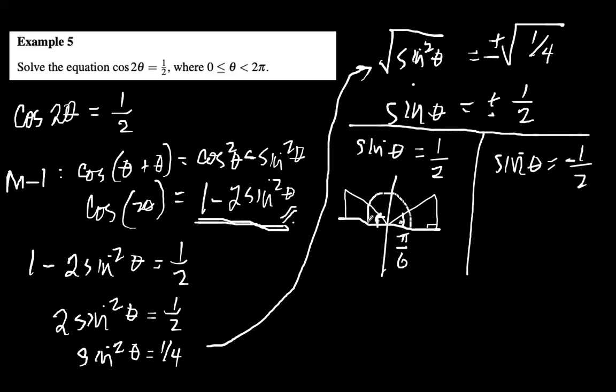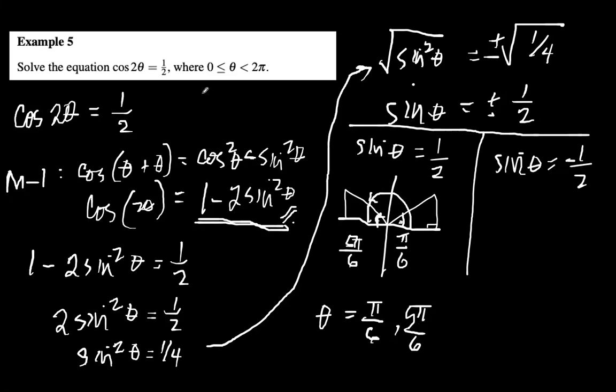Therefore, the angle here is 5 pi over 6. Therefore, theta is equal to pi over 6 and 5 pi over 6. All right, actually, you could express this in terms of pi over 6 plus 2 pi k, where k is an element of integers.